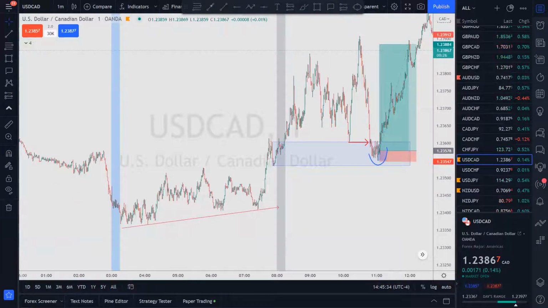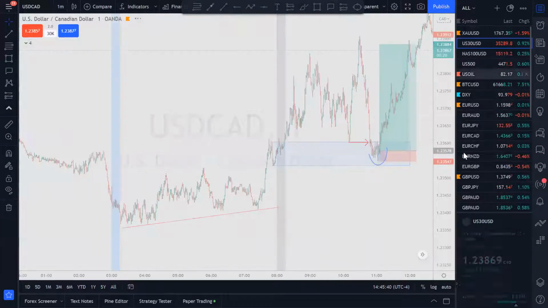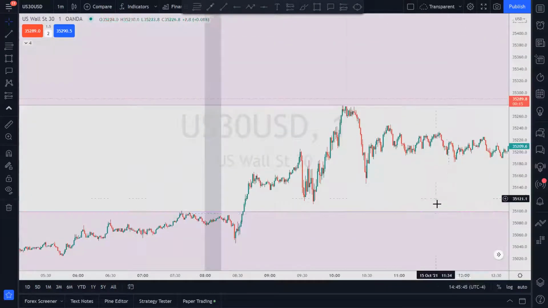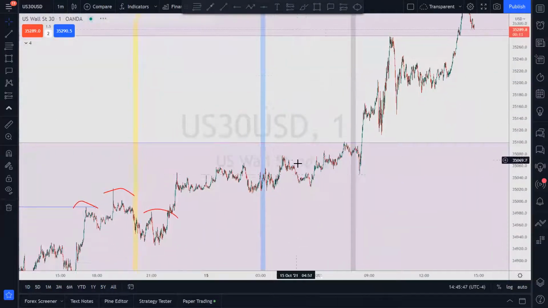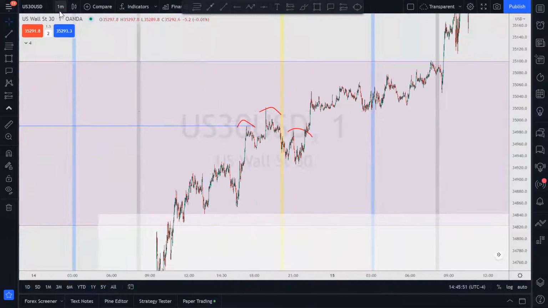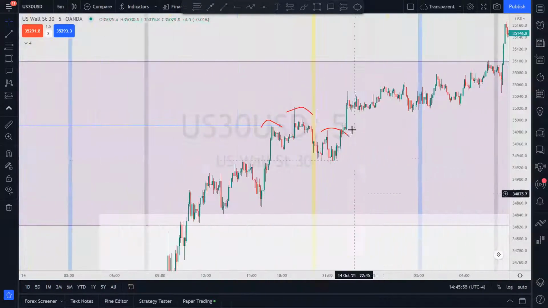Now, I also want to make sure I mention the US30. I gave some analysis yesterday about the US30, and on the 5 minute, it looked like price was transitioning from bullish to bearish.